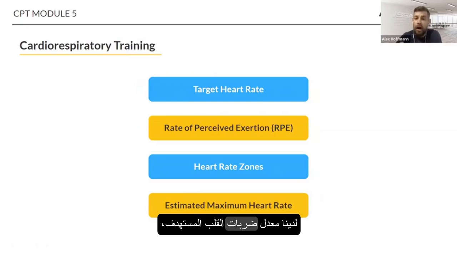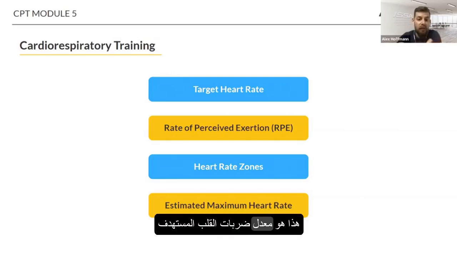So we have target heart rate, which is simply an estimated beat per minute that we would try to maintain exercise at to reach a specific exercise intensity, which hopefully would lead to a specific adaptation. That would be tied to our heart rate zones, which is the third item that we see listed on this slide, which is the percent of our max heart rate that's going to be associated.